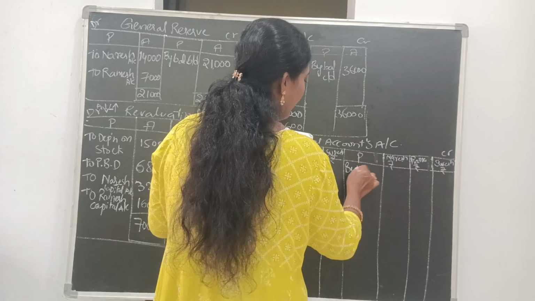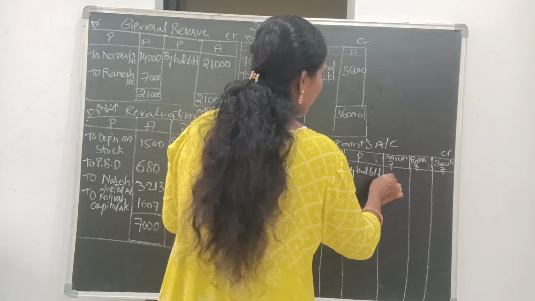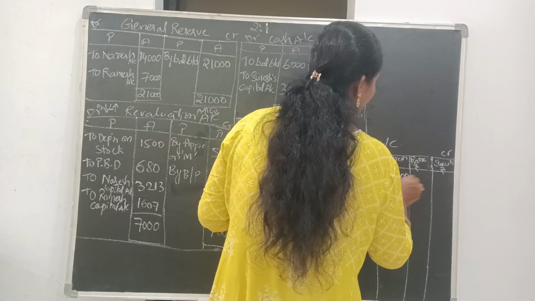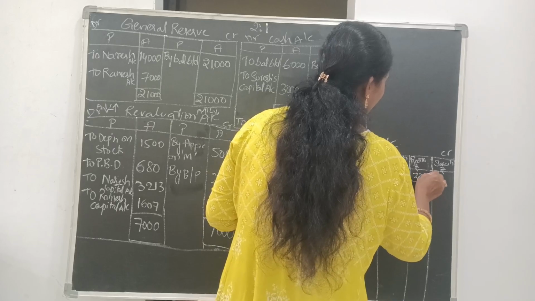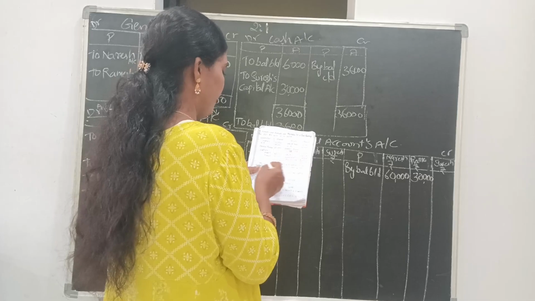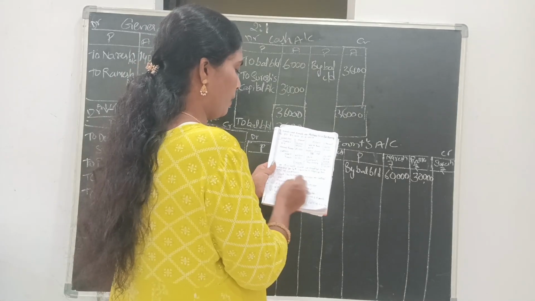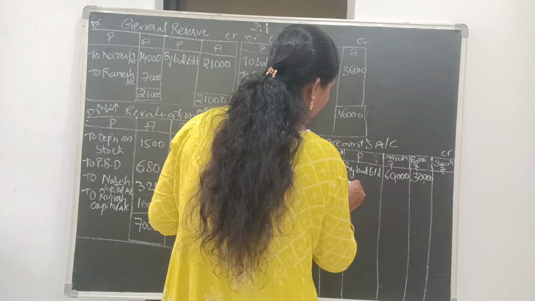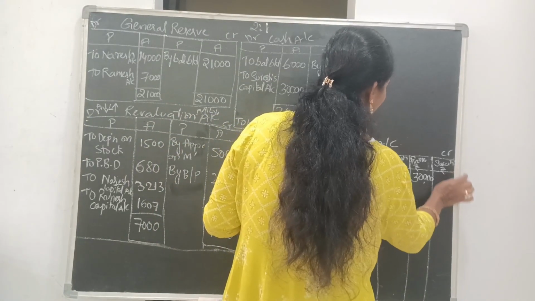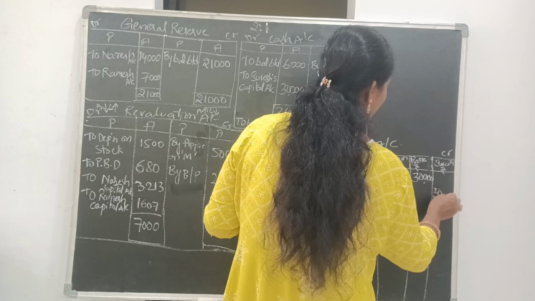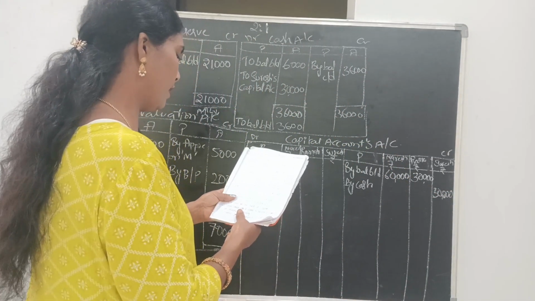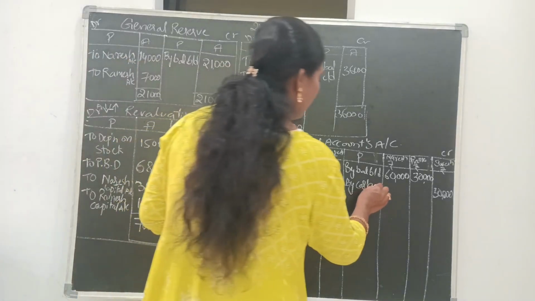So by balance brought down. What is the amount? 60,000 and 30,000 are the old partners' capital. And what about new partner Suresh? 30,000 is the Suresh new capital. Okay, cash account.